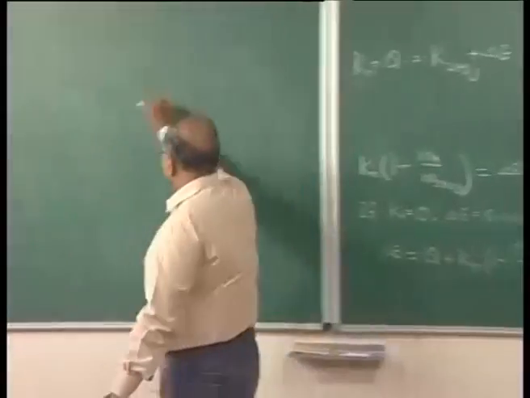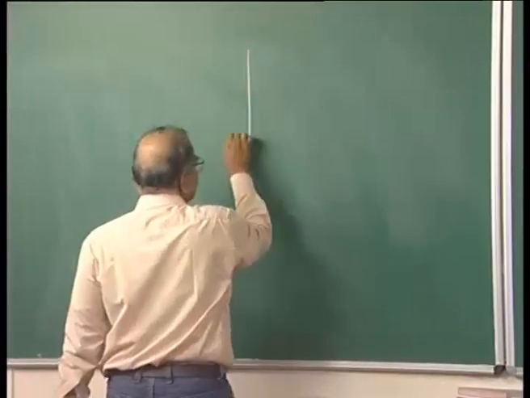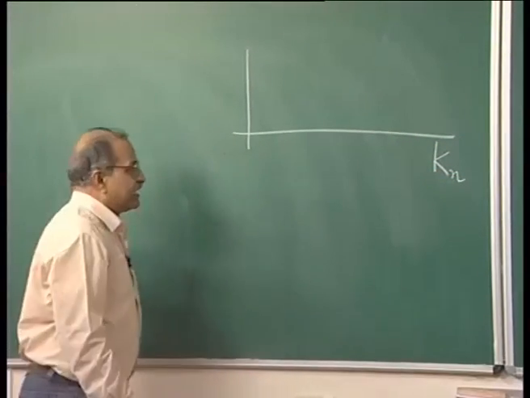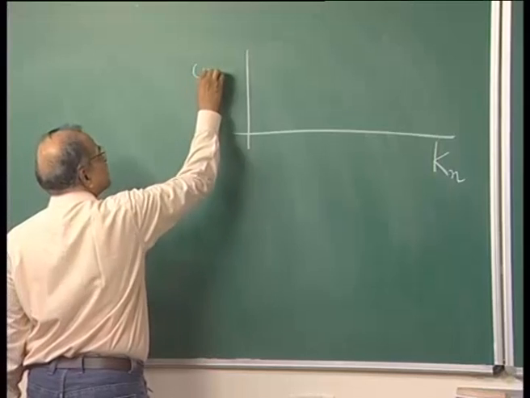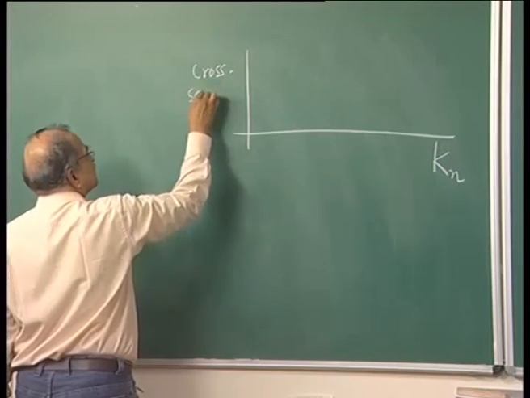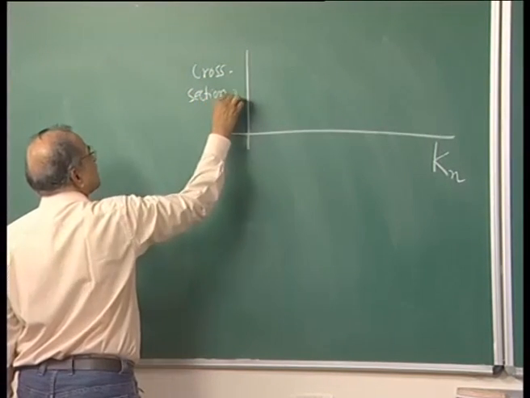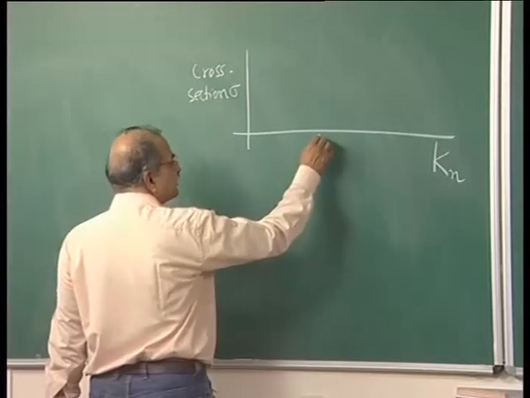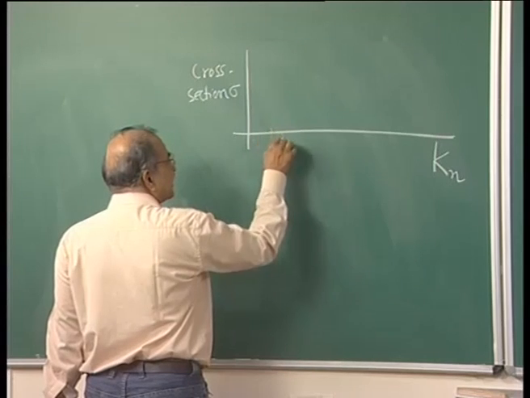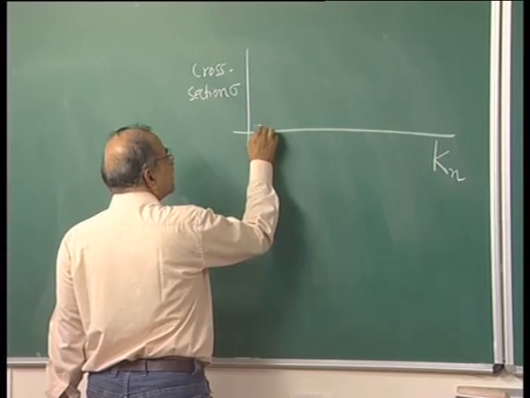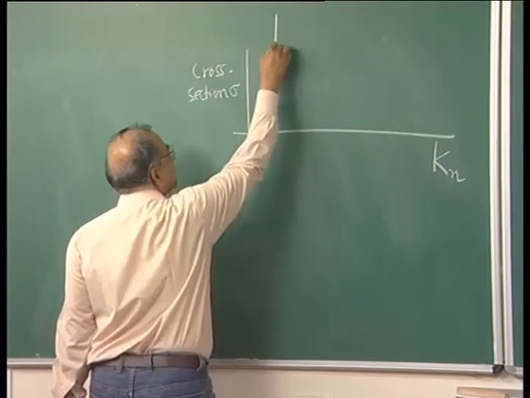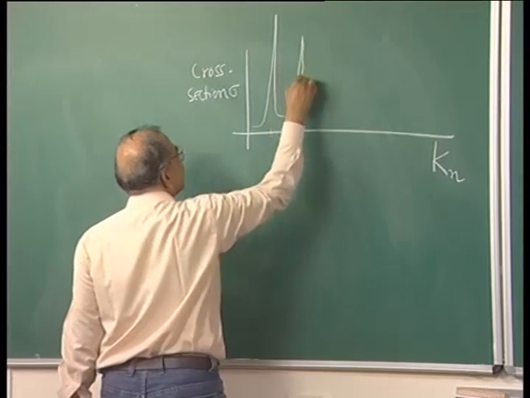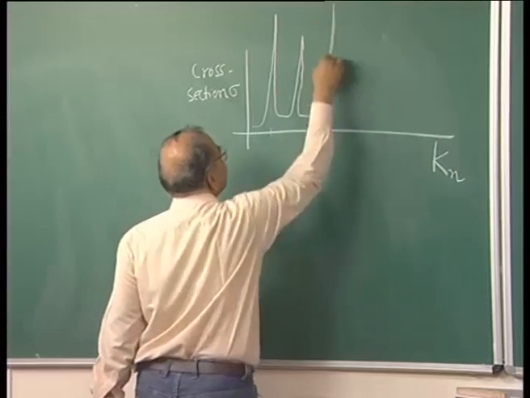So, if you do a plot where this is the incident kinetic energy of the neutron, and here you are looking at the cross section, sigma of this reaction, then at certain energies the reaction probability will be very high, and then it will drop, like this.